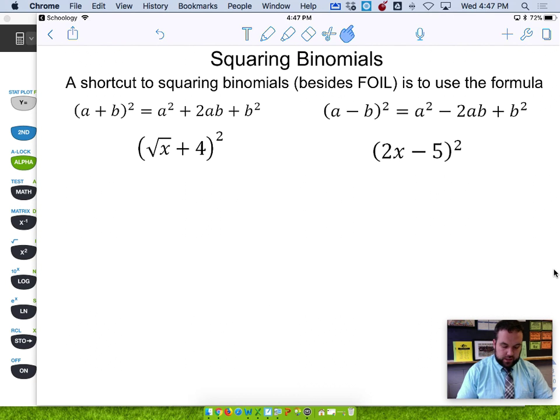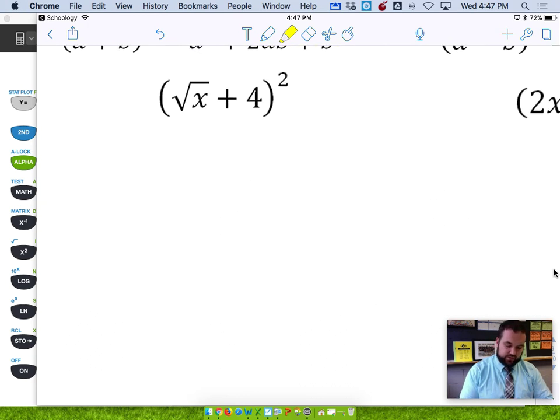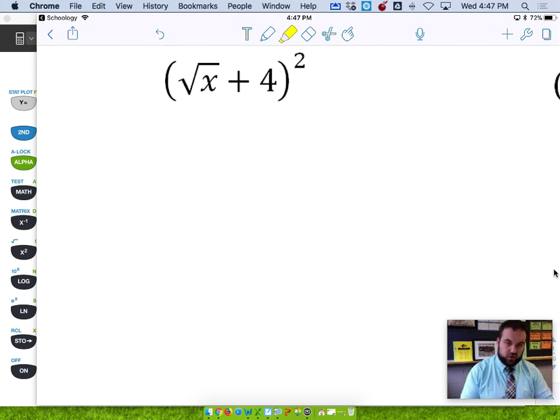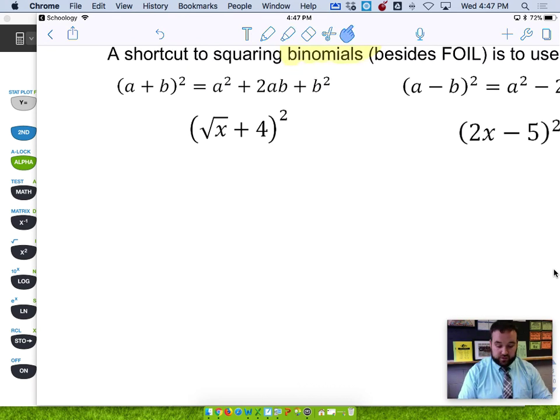So one shortcut that you can use, and you don't need to use it or remember it, but it can be helpful. If you're trying to square something and within the parentheses there are 2 terms, that's what we call a binomial. Binomial just, again, meaning 2 terms. You could always FOIL this out. So, for instance, if I asked you to take square root of x plus 4 and square that, you could just write it as 2 of the same sets of parentheses and then distribute, and that's totally fine.